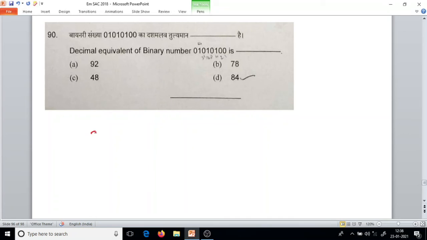So we will solve this question. He has given one binary number. We have to write the decimal equivalent: 0, 1, 0, 1, 0, 1, 0, 0. Now these all will have a positional value. What is their positional value? We'll write it.